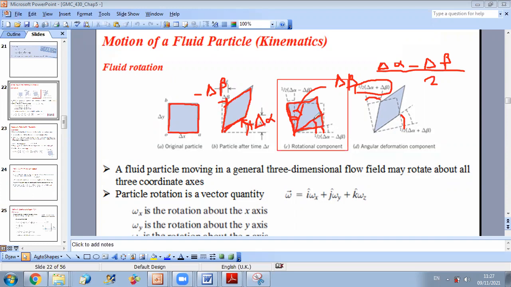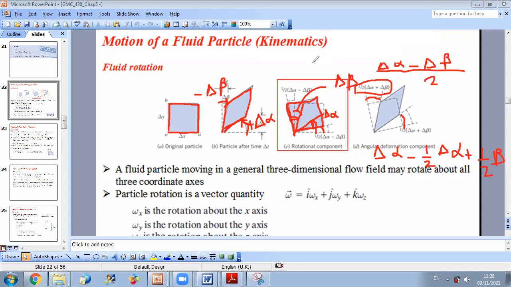So the whole angle is delta alpha, and the deformation angle is this one, which is delta alpha minus half delta alpha plus half delta beta. So the deformation of this side is also equal to half delta alpha plus half delta beta. So we can conclude that the total angle of deformation here is delta alpha plus delta beta.